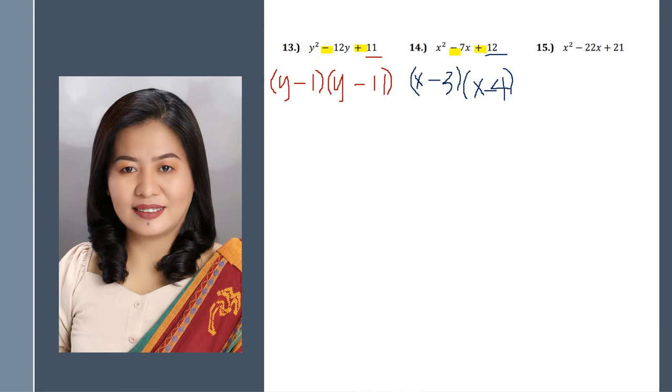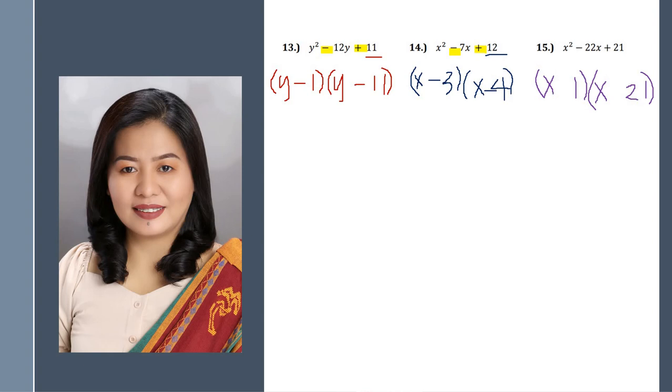So next would be factors of x squared minus 22x plus 21. So we have x and x, and factors of 21 that give you a sum of 22. That is simply 1 and 21.